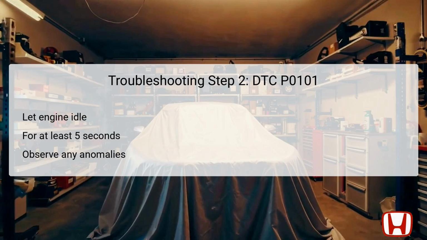After holding the engine at 3,000 RPM, the next step is to let the engine idle for a minimum of 5 seconds. During this phase, it is important to observe if there are any irregularities in the engine's operation, such as stumbling or unusual noises.